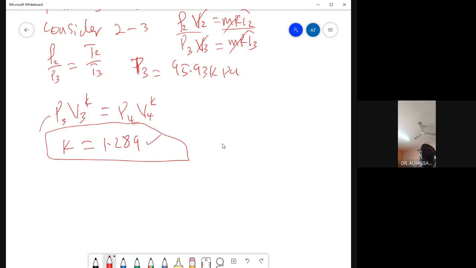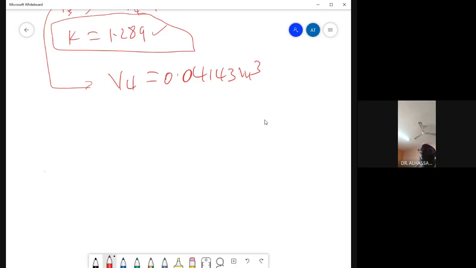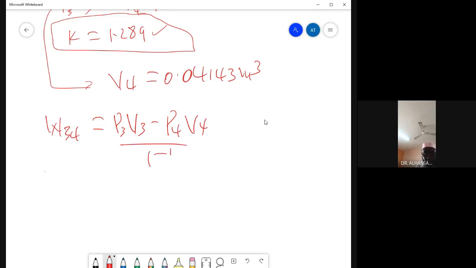So from this equation, V4 gives us 0.04143 meter cubed. Now we can determine the value for W. W34 equals P3 V3 minus P4 V4 divided by, sorry, K minus 1.